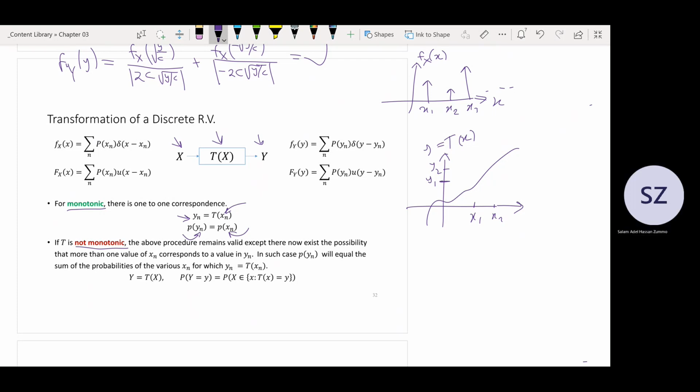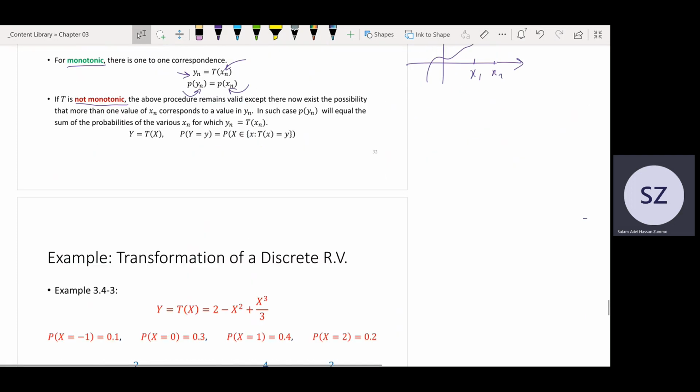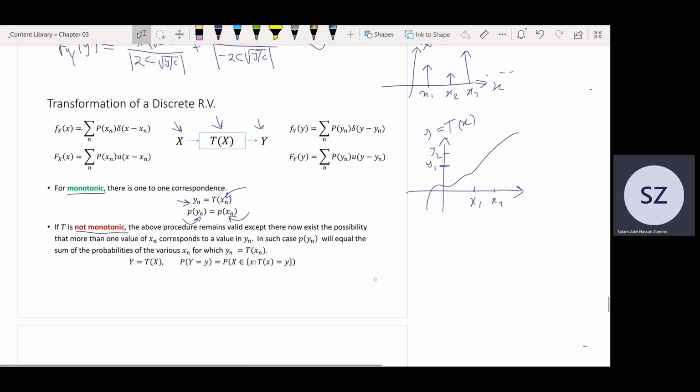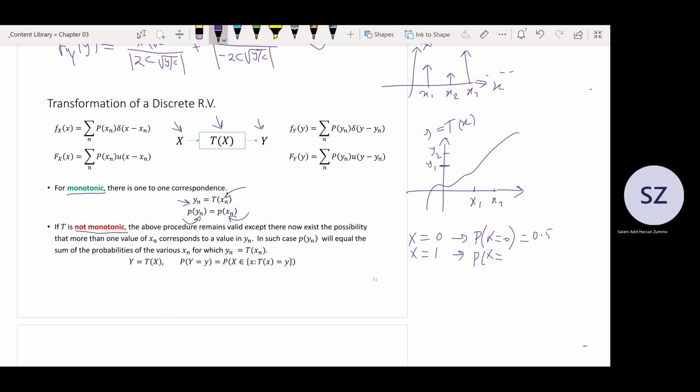Let me give you a simple example. Let's just change the numbers: minus 1 and 1.